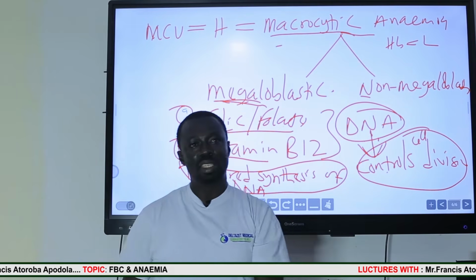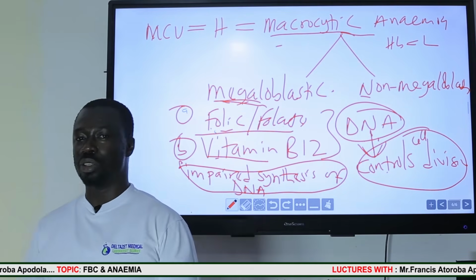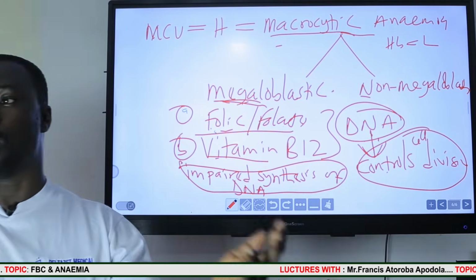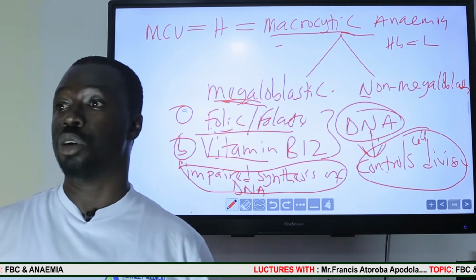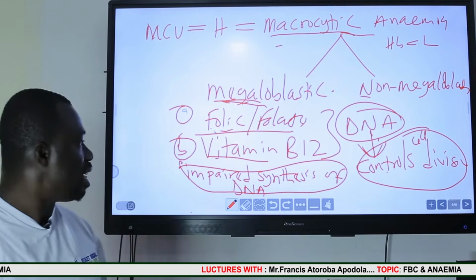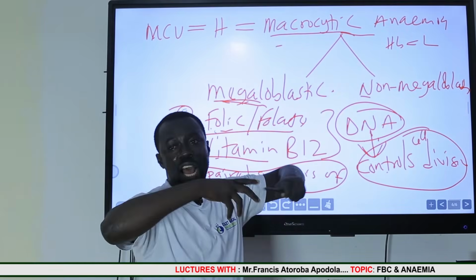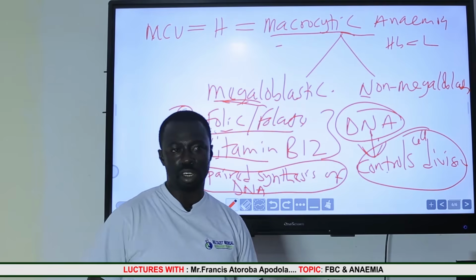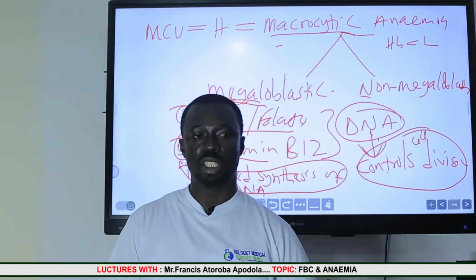The non-megaloblastic anemia mostly is as a result of chronic diseases. Alcohol abuse can result in non-megaloblastic anemia. So in that case, the MCV is also still high, but it is not as a result of folic acid or vitamin B12 deficiency.